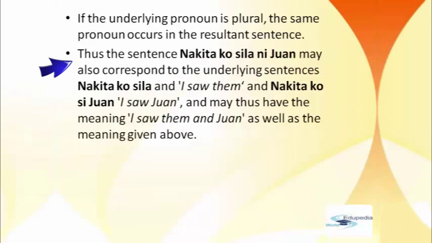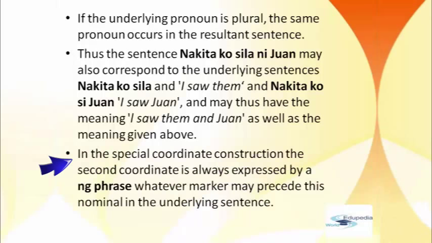Thus, the sentence, nakita ko sila ni Juan, may also correspond to the underlying sentences, nakita ko sila, I saw them, and nakita ko si Juan, I saw Juan, and may thus have the meaning, I saw them and Juan, as well as the meaning given above.